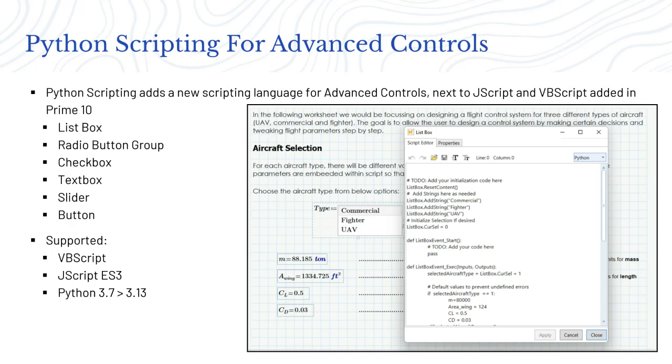I hope everybody knows that advanced controls were introduced in Mathcad Prime in version 10. And as of now, so just before version 11, only JavaScript and Visual Basic script were supported. These scripting languages allowed to customize the behavior of the custom controls.